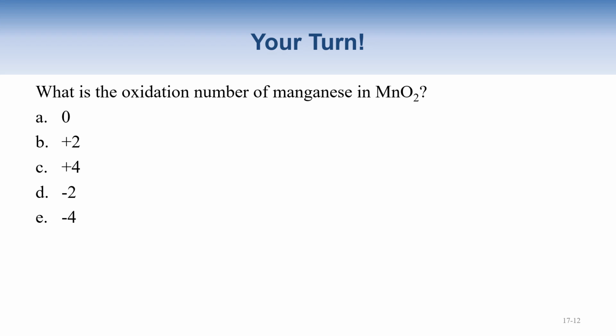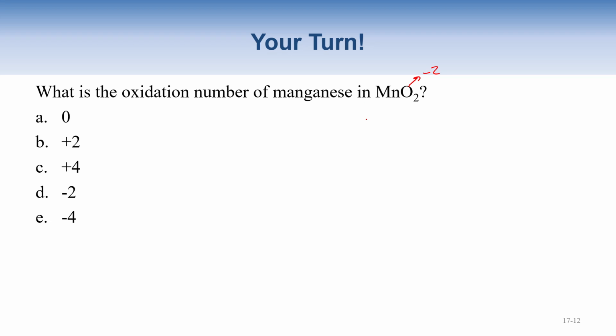So here is a practice question very similar to what you would see on an exam. What is the oxidation number of manganese in MnO2? Okay, so we're going to assign -2 to oxygen because it's a rule.